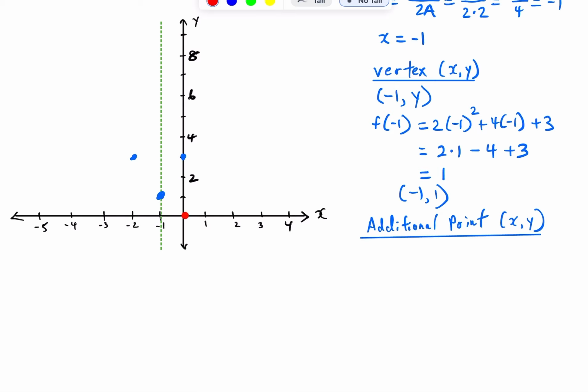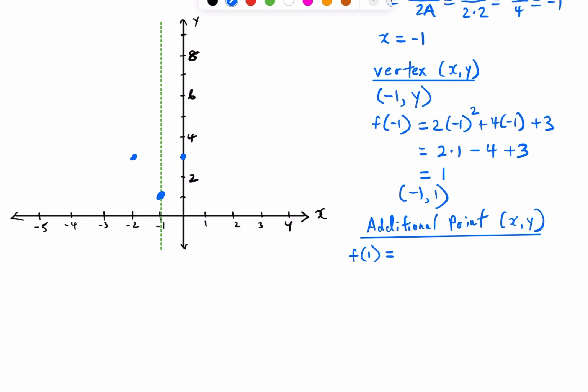So the next thing we want to do is select an x value of 1 that's going to give us some value of y. So I'm going to choose 1 as my x and plug that into the function. So I'm going to say f of 1 is equal to, and then we're going to follow this whole equation again.